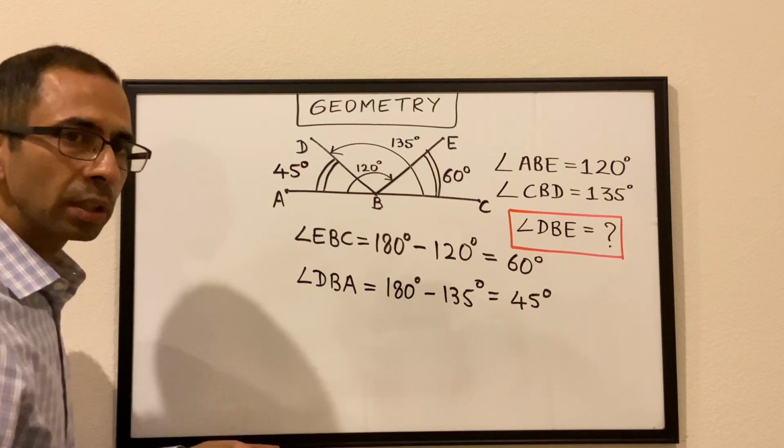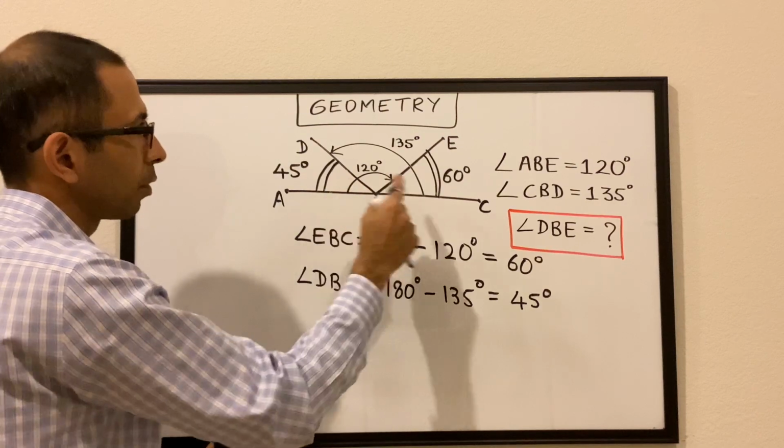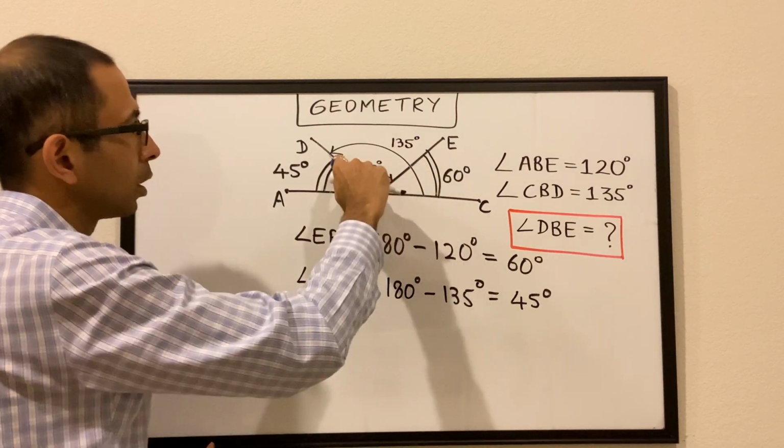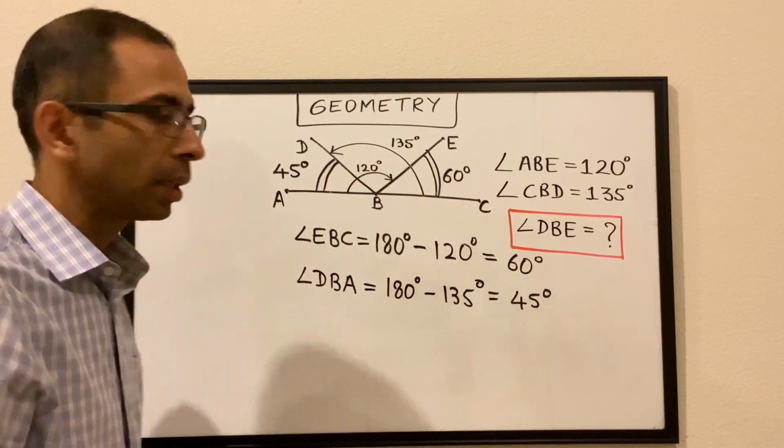Now, again using the same straight angle pair theorem, we know this portion is 45, this portion is 60 degrees, so the remaining has to be 180 minus the sum of these two, right?